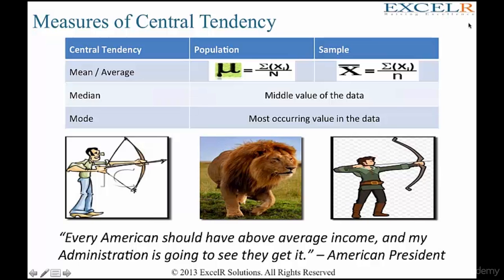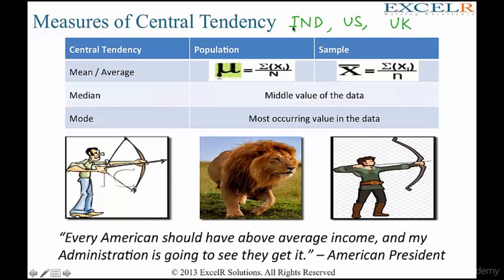Measures of central tendency. Say you have retail stores in India, US and UK.